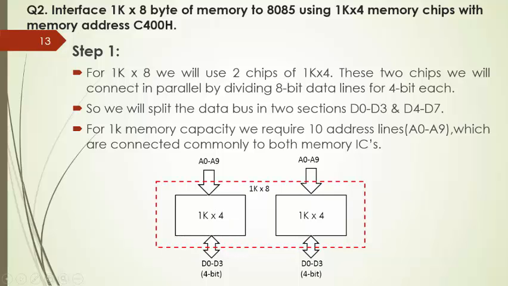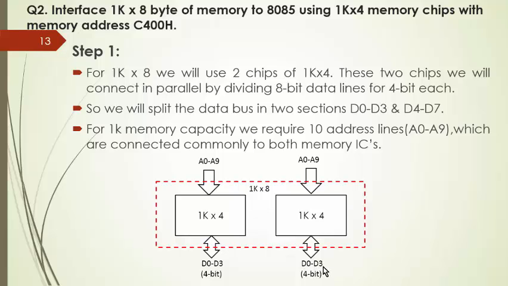So here we require two memory ICs of capacity 1K by 4 and 1K by 4, and 1K means 10 address lines, A0 to A9, with the first memory chip as well.